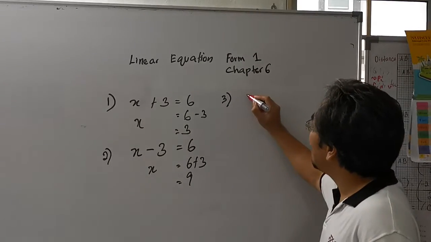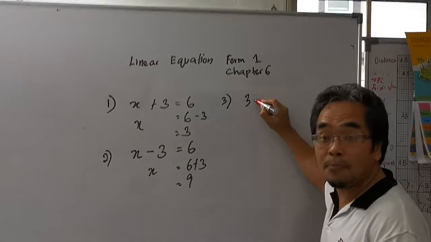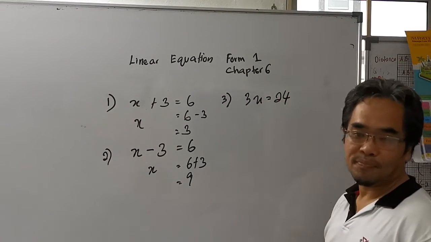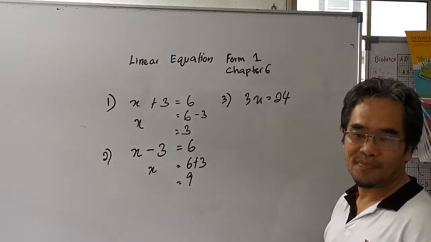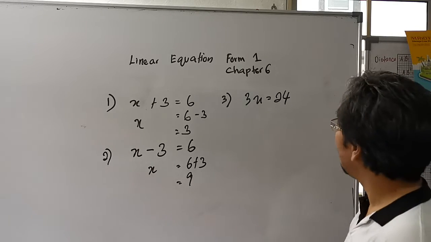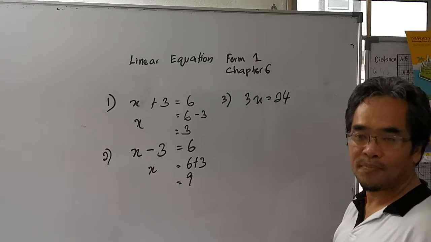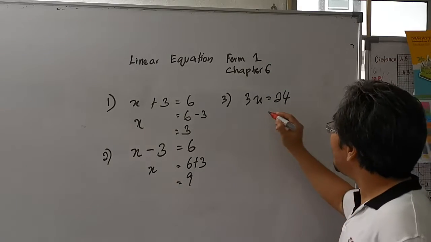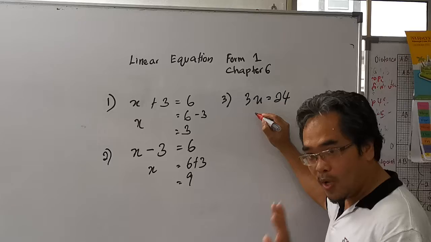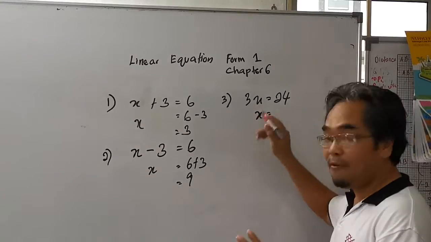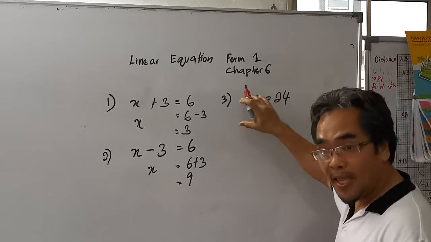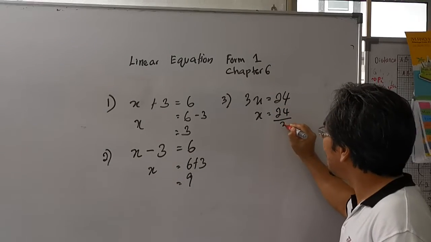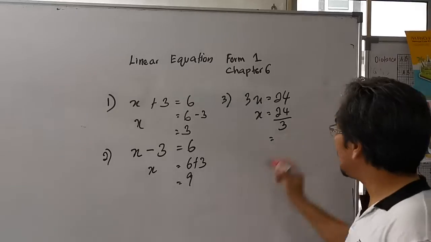For example, 3 times x equals 24? 8. Okay, so now if this is multiply, you move it, it becomes divide. So the answer is 8.